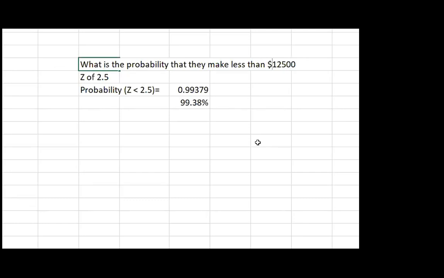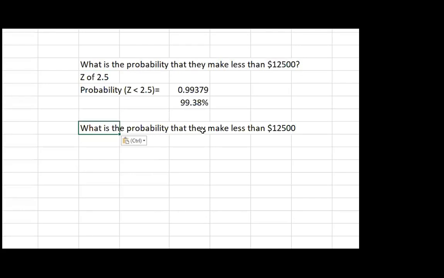Now, if the question says exactly the same thing, but instead of less, it says more than, it's the same calculation, but it's the opposite.